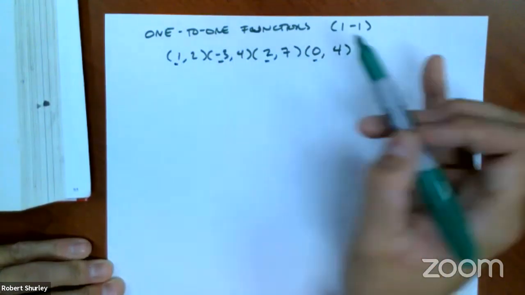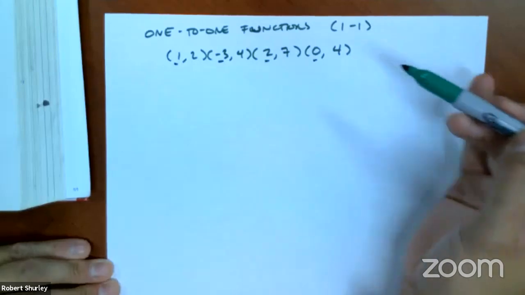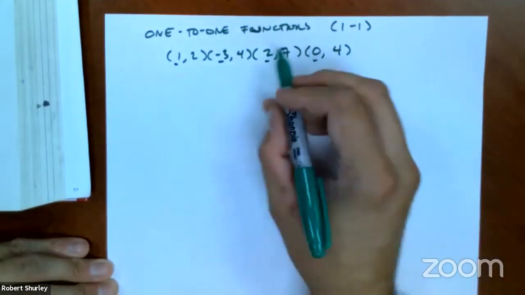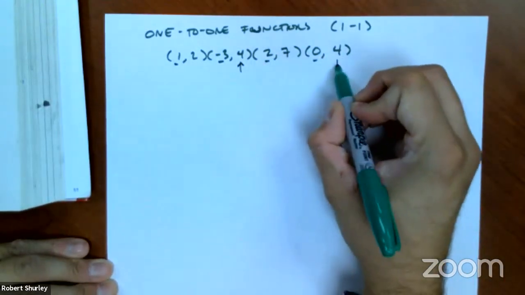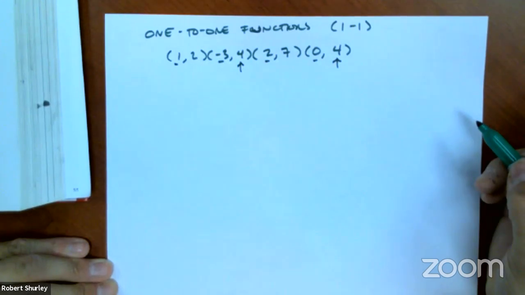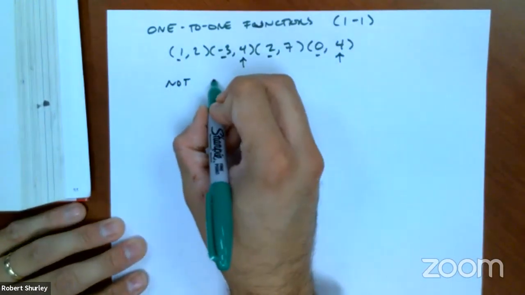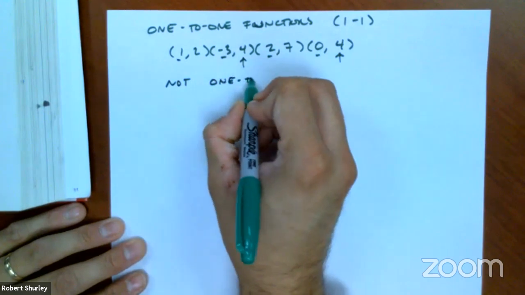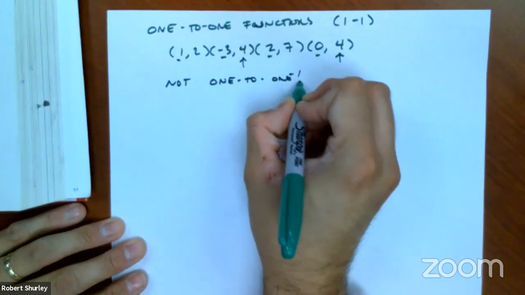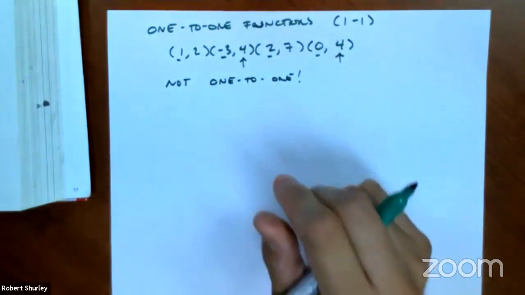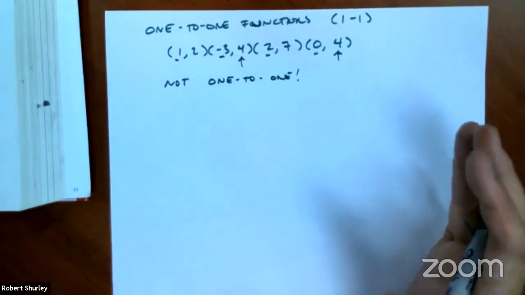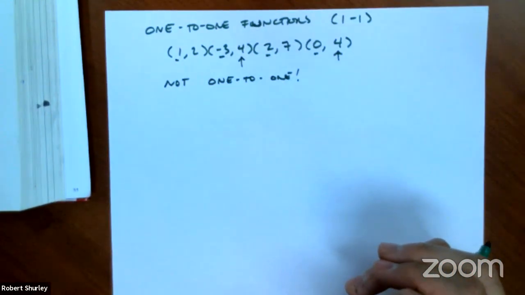But if I ask you if it's one-to-one, the y's also can't repeat, and we'll notice we have repeating y's here. We got y equals 4 for both of these. So this example is not one-to-one, because the y's are repeating.